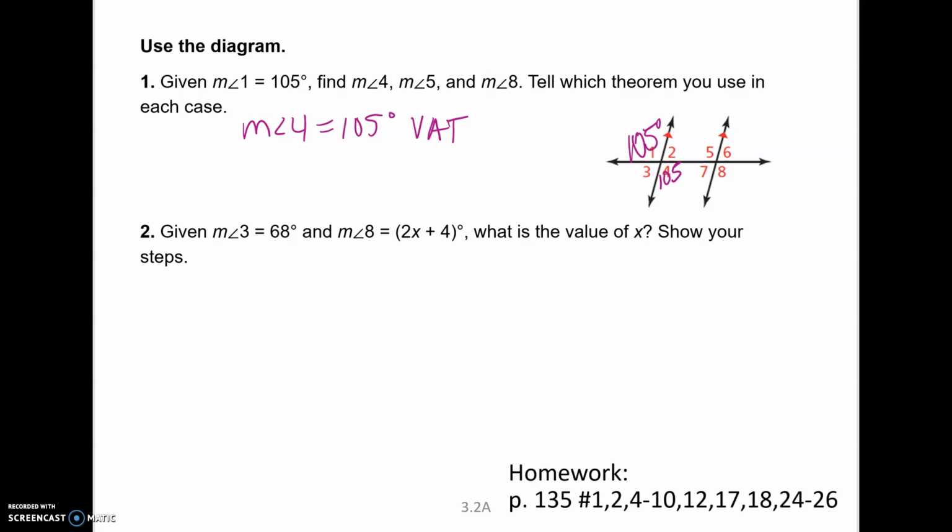Okay, now I'm looking at angle 5. So my original, always go back to your original, and angle 5. What kind of angles are those? Okay, so typically when I ask that question, I'm looking for one of those 4 types of angles. These are corresponding because they're in the same location. So that is also 105.